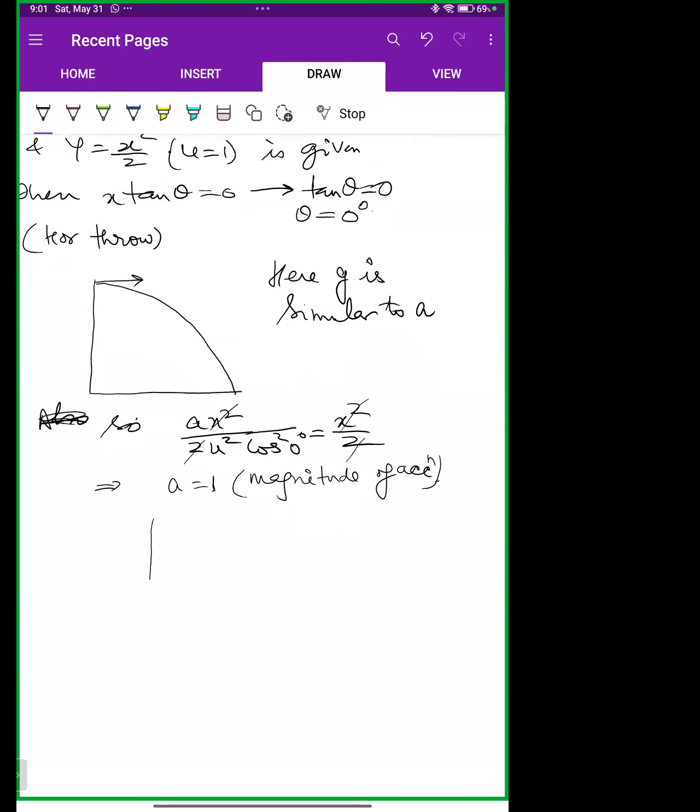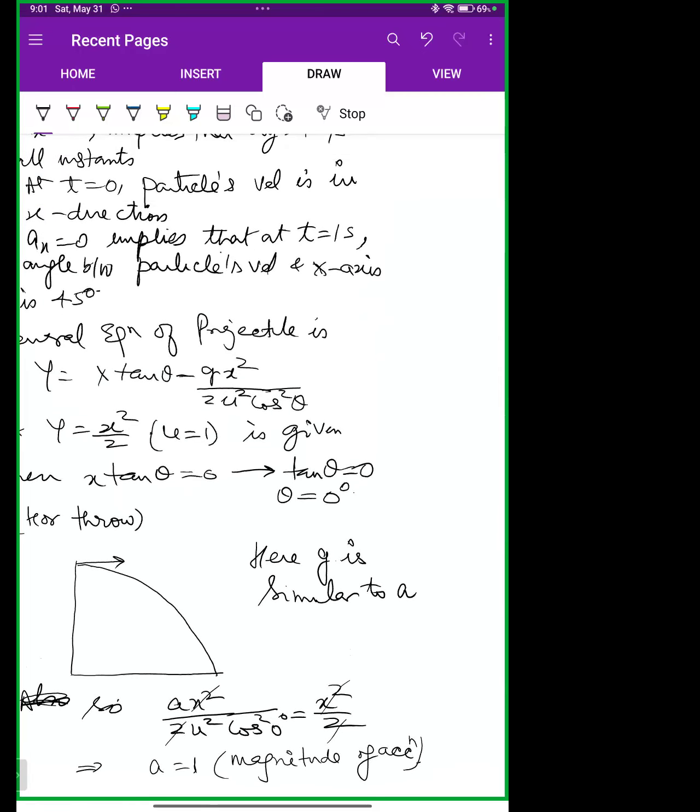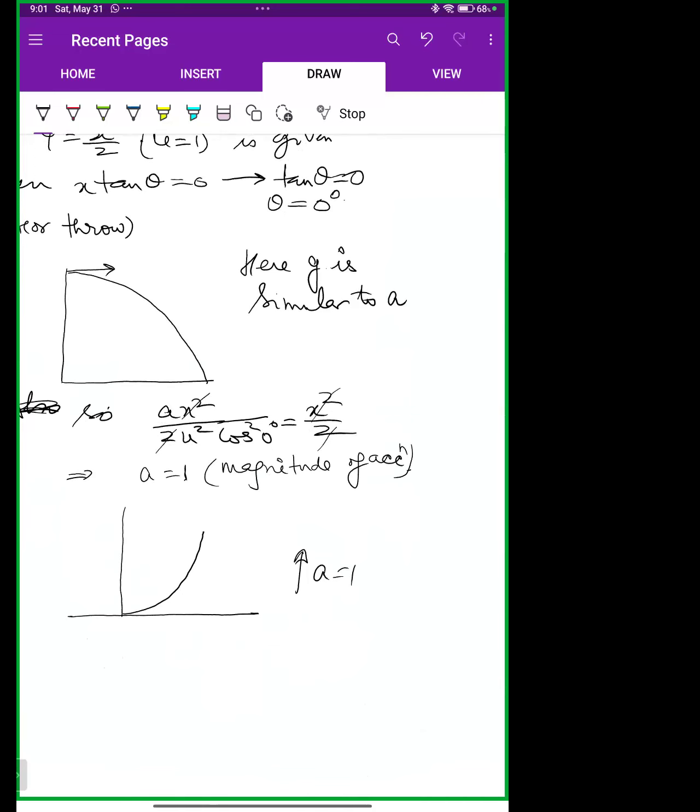You see the path is this. Acceleration is equal to 1. It is similar to this, but since y is x square, you see here, y is minus g x square because g was downward. But here it is something like this, acceleration is upward. No issue.